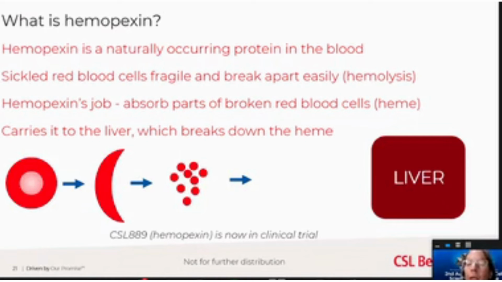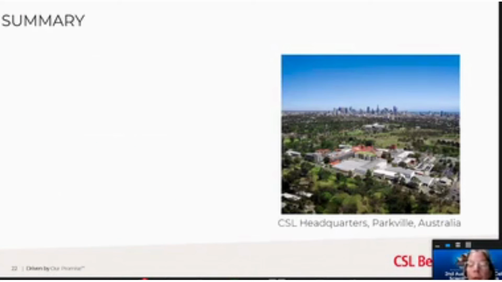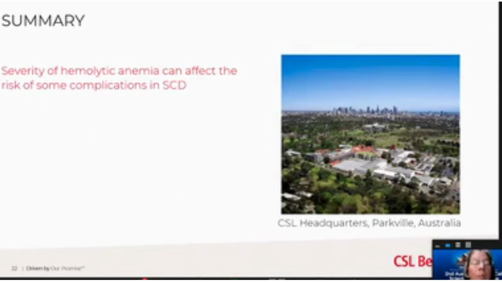When it does, it actually tends to consume the hemopexin protein along with the rest of the complex, and this ultimately leads to a circulating deficiency of hemopexin. So there's less available binding capacity to absorb heme, and so free heme actually accumulates in the blood of patients with sickle cell disease.